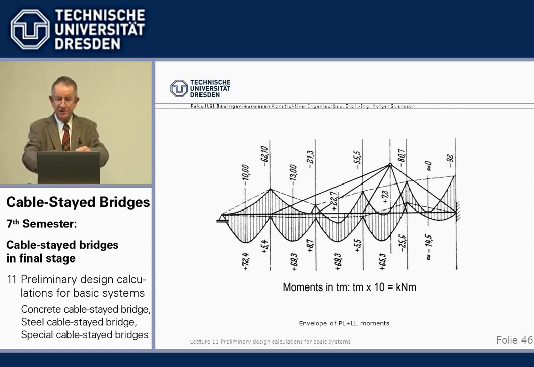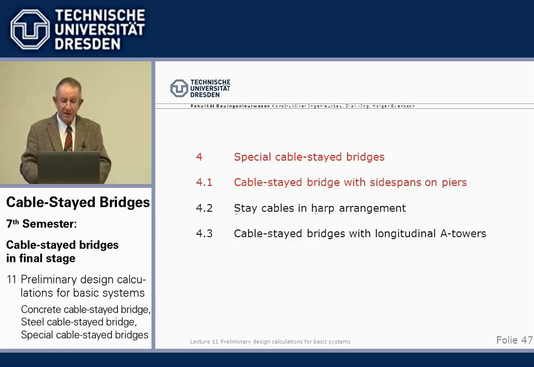So I can also strongly recommend to you, especially for this, that you read the scripts after I have told you the basic story here. Now we can go on with looking into the run of moments for some special cable-stayed steel bridges.